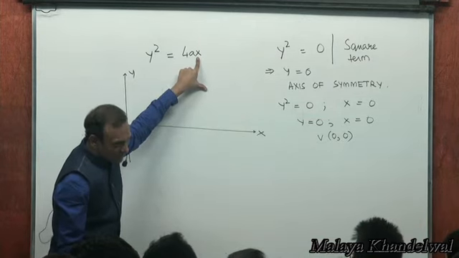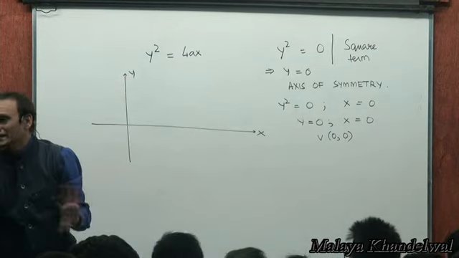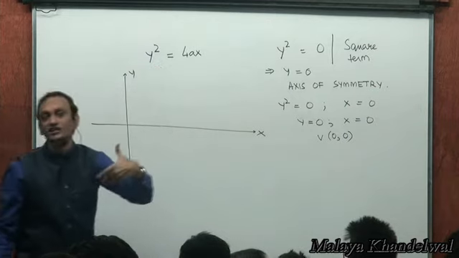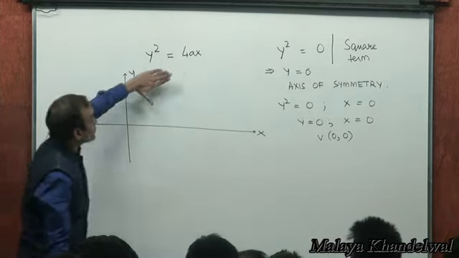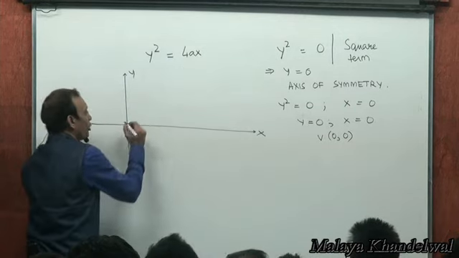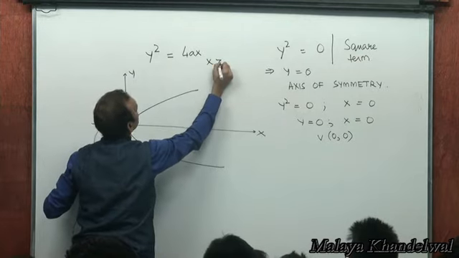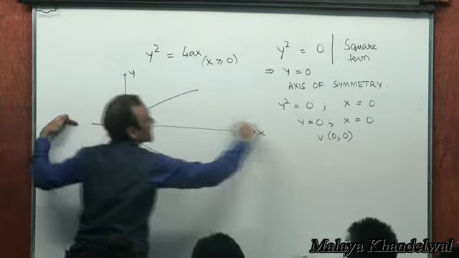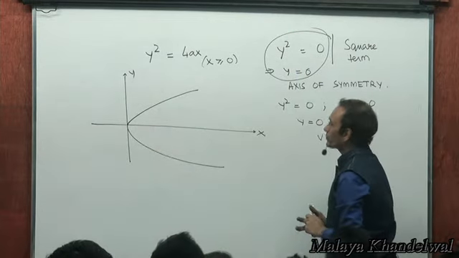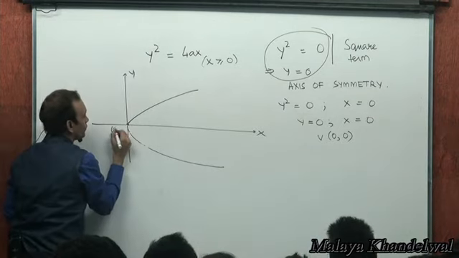Because if x was negative, then y squared will turn out to be negative, it will then not be a point on the parabola, because y squared cannot be negative for any (x, y) on the parabola, right? Therefore, the parabola lies only to the right of the y-axis. x has to be greater than or equal to 0. This is the axis of symmetry obtained by equating the square term to 0. Equating both to 0, you get the vertex, which is (0, 0).